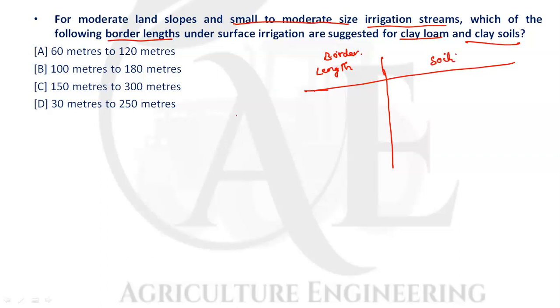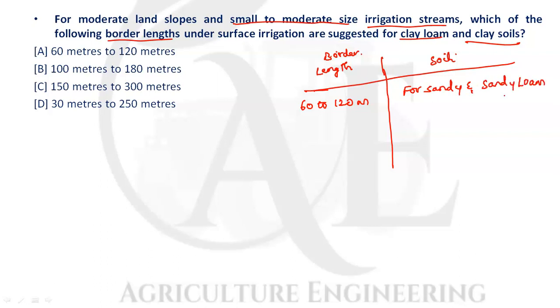When the border length is 60 to 120 meter, it is for sandy soil and sandy loam soil.